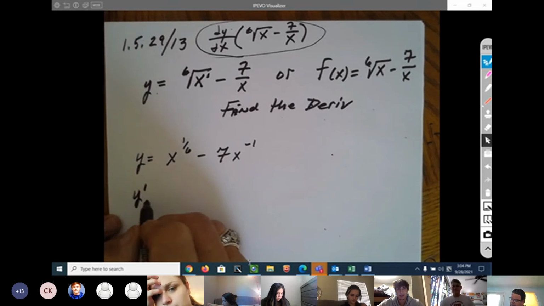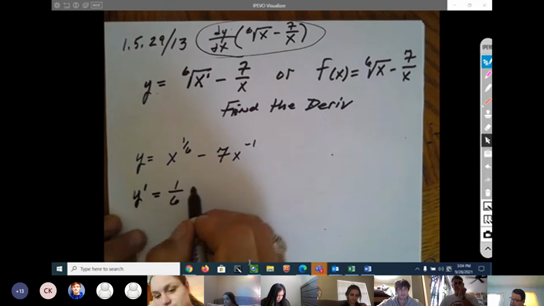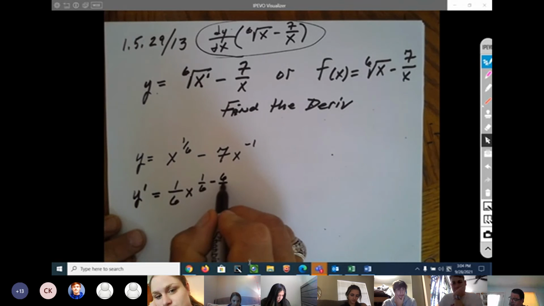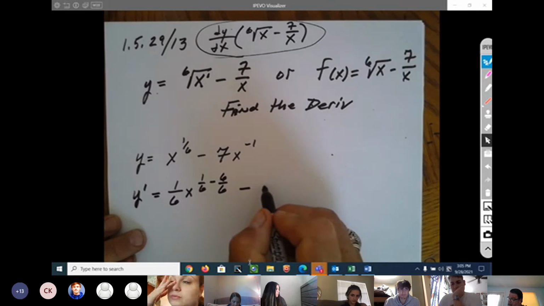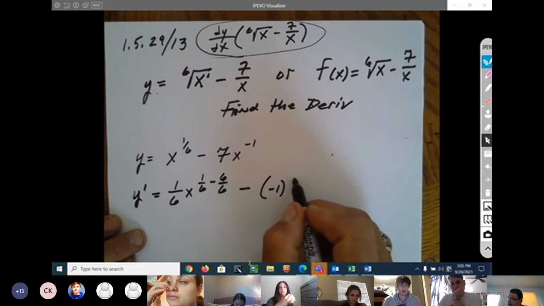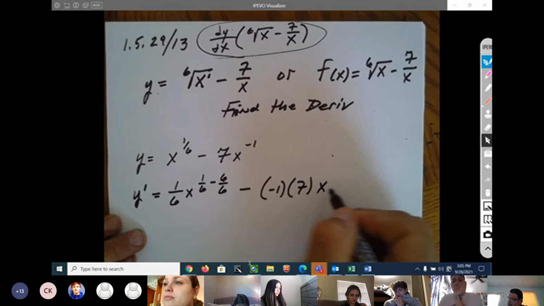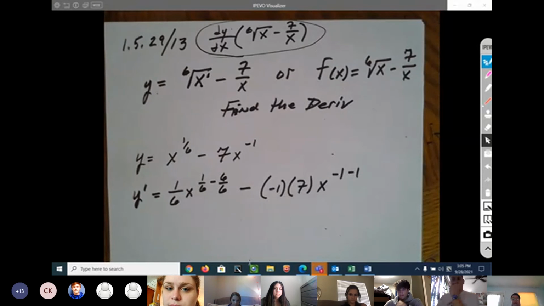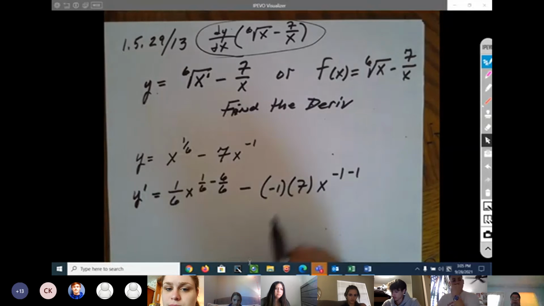I take medication. y prime is equal to 1/6 x to the 1/6 minus 6/6, minus the -1 times 7 x to the -1 minus 1. Now I put a baby step in there. I did a common denominator baby step right here.